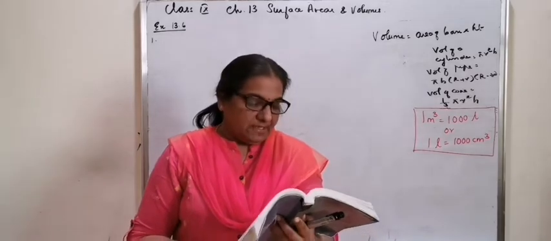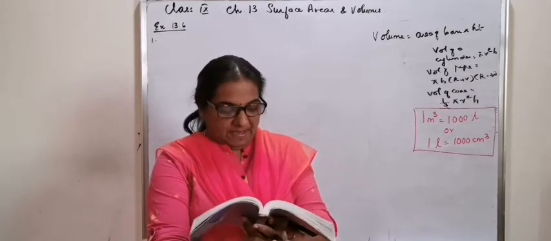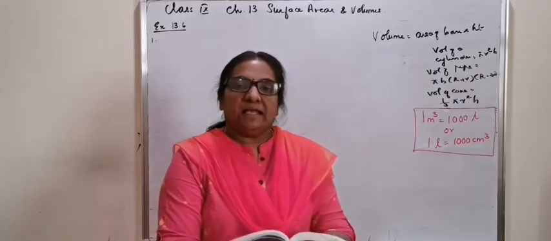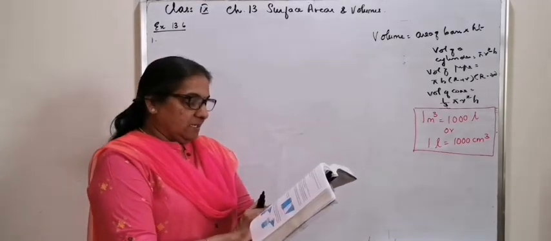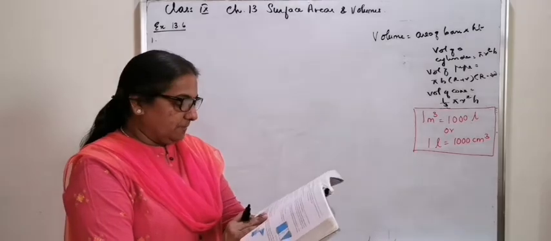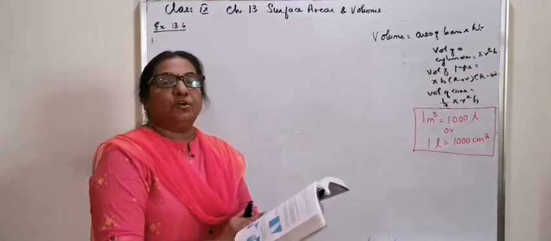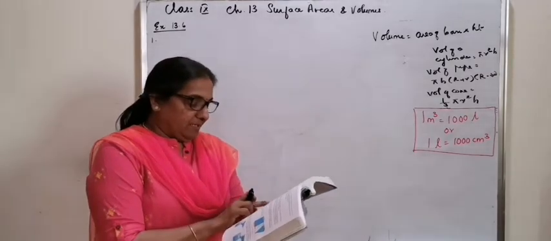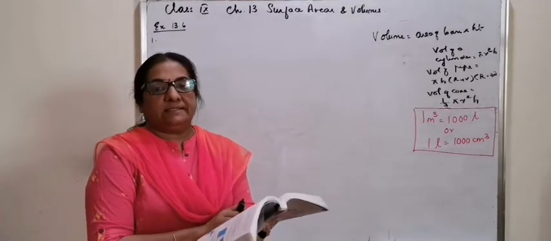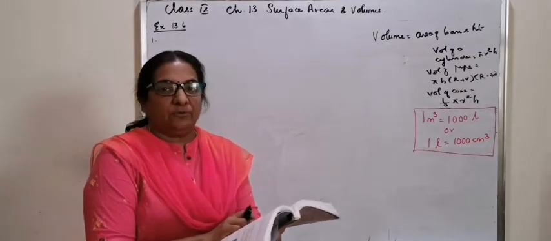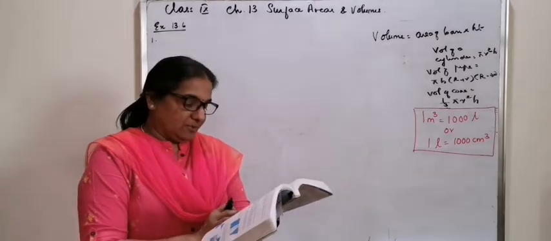The first question: the circumference of the base of a cylindrical vessel is 132 centimeter and its height is 25 centimeter. How many liters of water can it hold? When the question is on how many liters of water, we know that the volume has to be found out. What is the given condition?